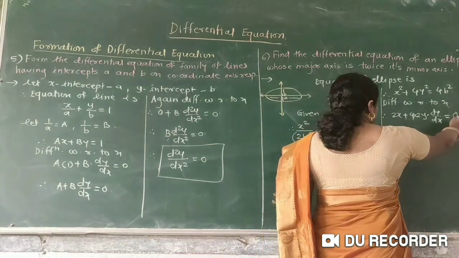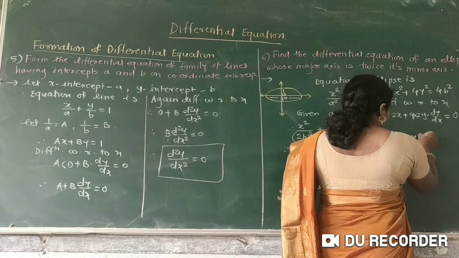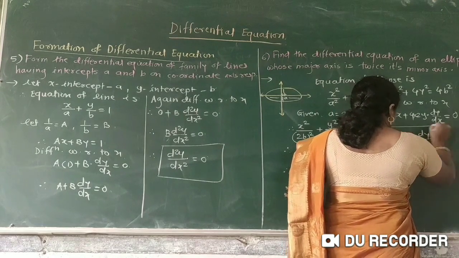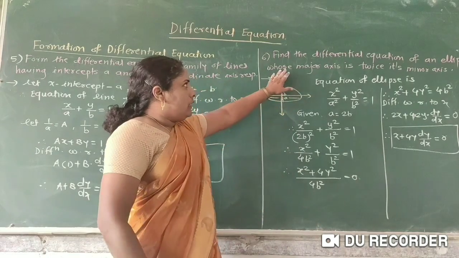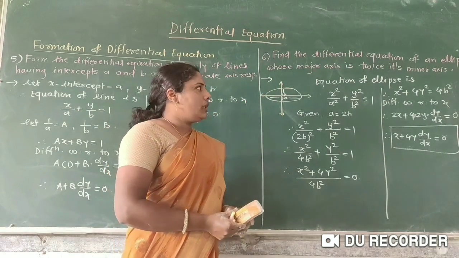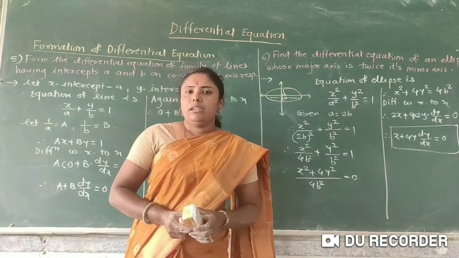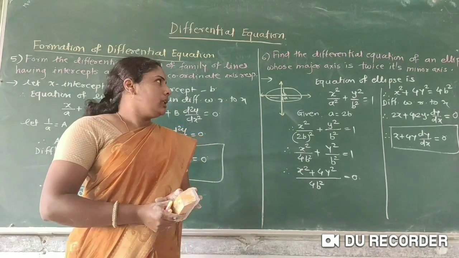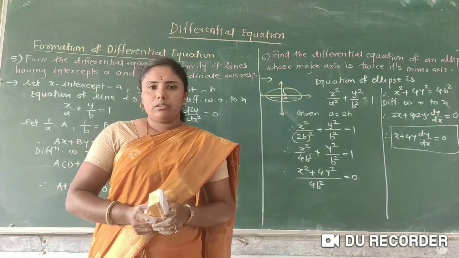Therefore, taking 2 common and cancelling it, we get x plus 4y dy by dx is equal to 0, which is the differential equation of the ellipse whose major axis is double the minor axis. In this way, you can form the differential equation by eliminating the arbitrary constant.